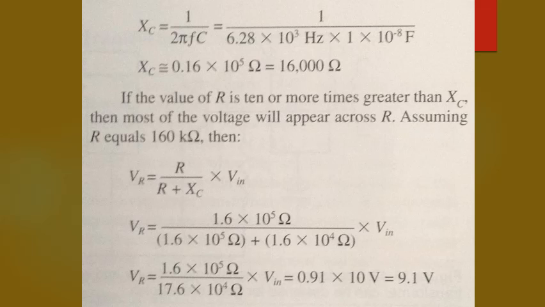It seems that almost all of the voltage appears across R. Less than a volt has been lost as signal output. If R were made larger, then even more of that total output would be developed across R.